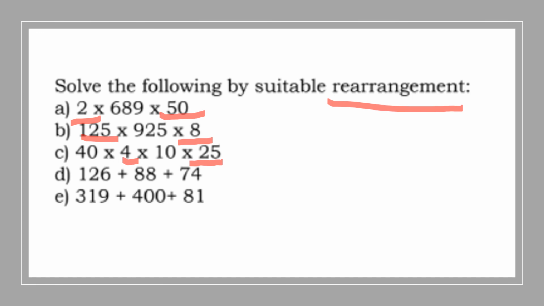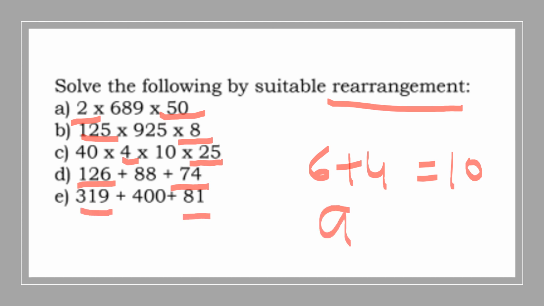Similarly, you can add here 126 and 74 because 6 plus 4 in the unit place leads to 10. Similarly here 319 plus 81, you can add 9 plus 1, tends to 10, at the unit place.